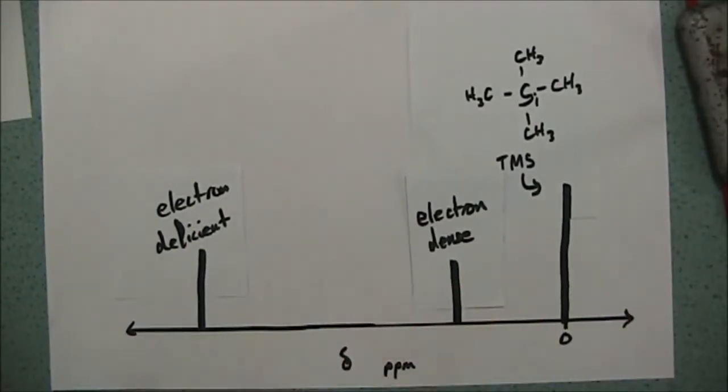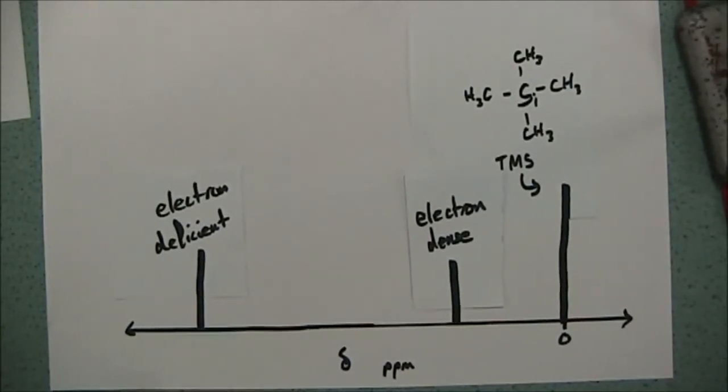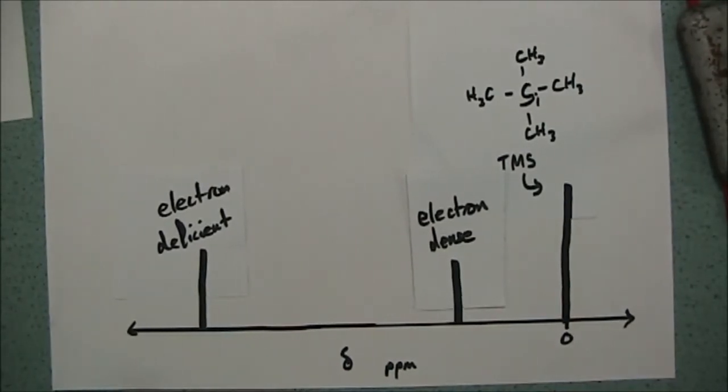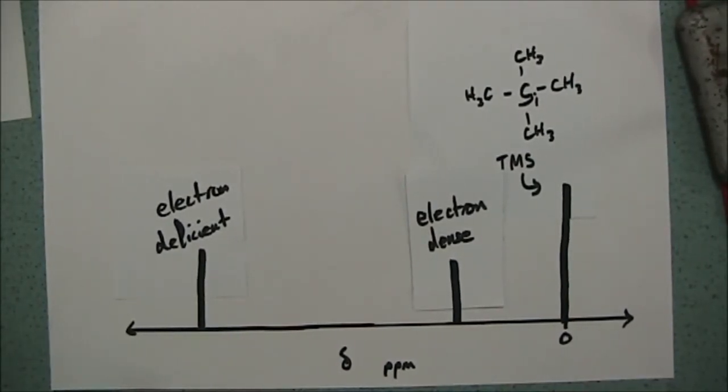We can examine the individual carbon atoms, and therefore the environments that you find each atom in, and say, well, what is making this more electron deficient, what is making this more electron dense, and we can work out the bonding around that atom, and therefore we can find lots of really useful information about the structure. More on how to interpret that later, but that's basically a brief overview, using lots of analogy and quite a lot of shortcuts, of how it works.